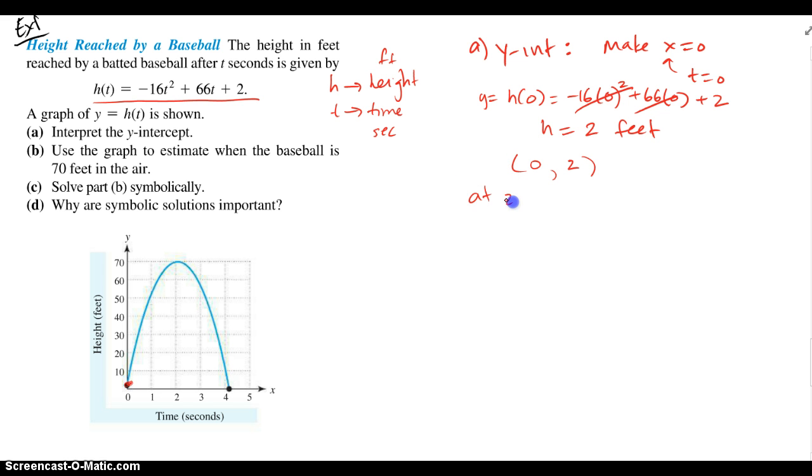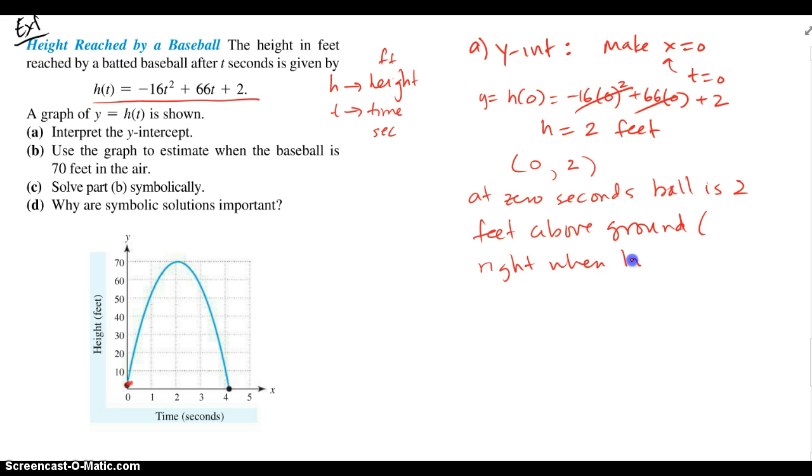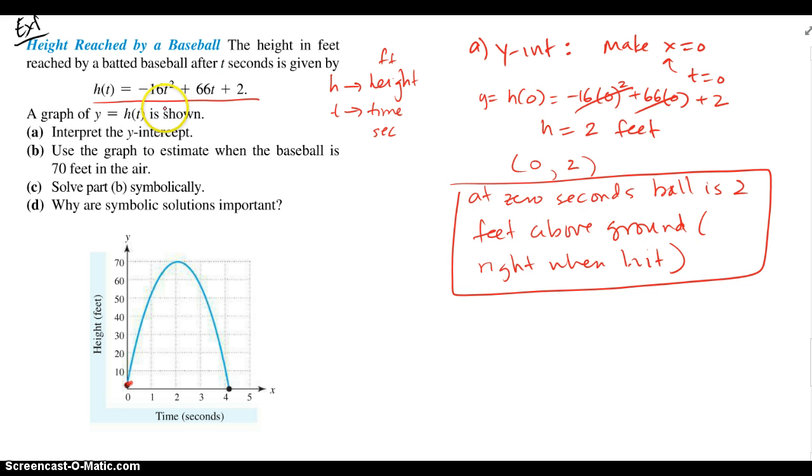So at 0 seconds, the ball is 2 feet above the ground. In other words, right when it was hit. Right when it was batted, the ball was 2 feet above the ground. That's what the y-intercept tells me.